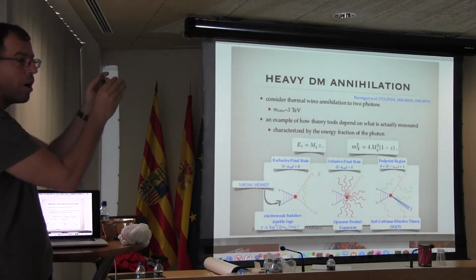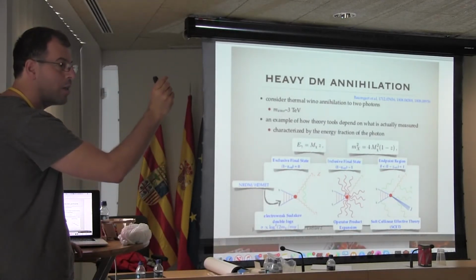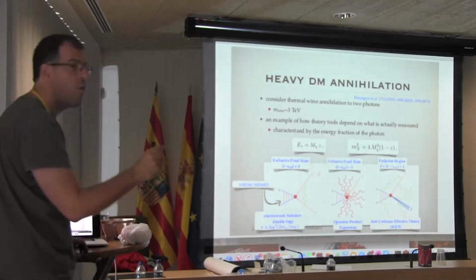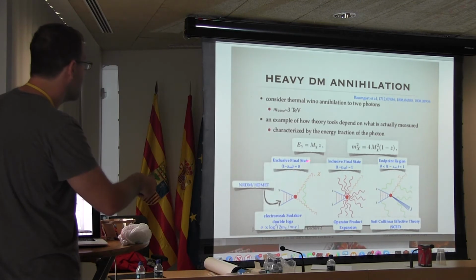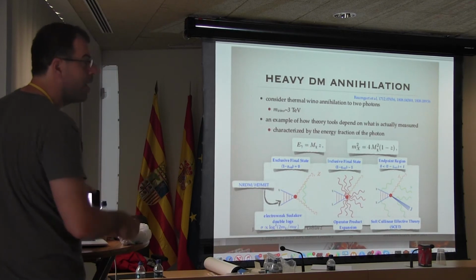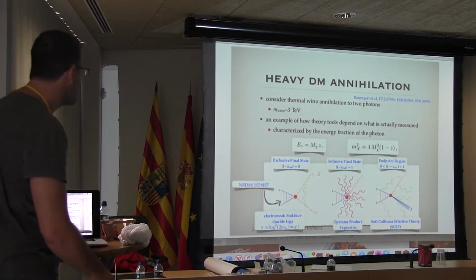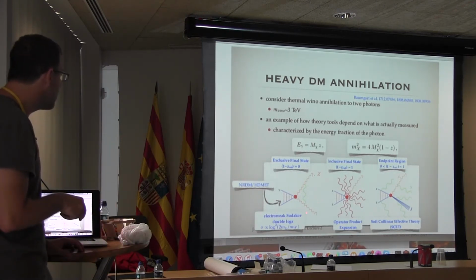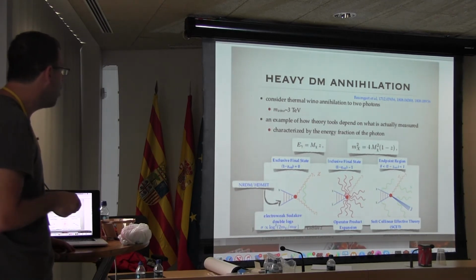In your measurement, you go at the very last bin and you look at the photon, you see a line, and this would be a super precise measurement, and you know that it's only one photon. You demand that the energy of this line is exactly the dark matter mass. In this case, the prediction will give you Sudakov double logs because you're asking for only a photon.